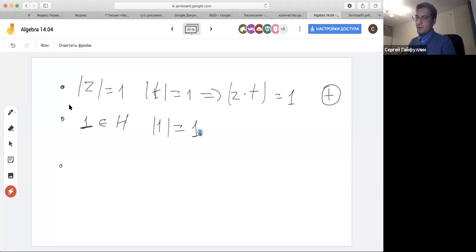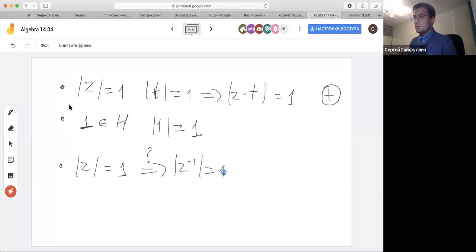And the last, if z belongs to H, so the modulus of z equals 1, then we need to show that the modulus of the inverse element equals 1.